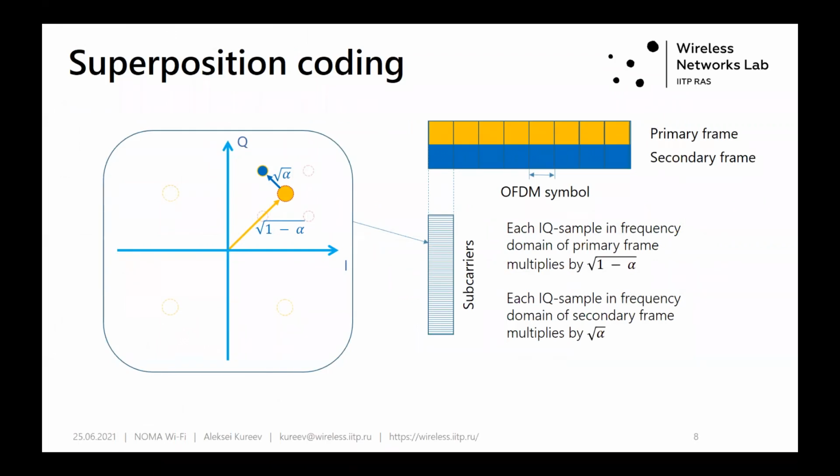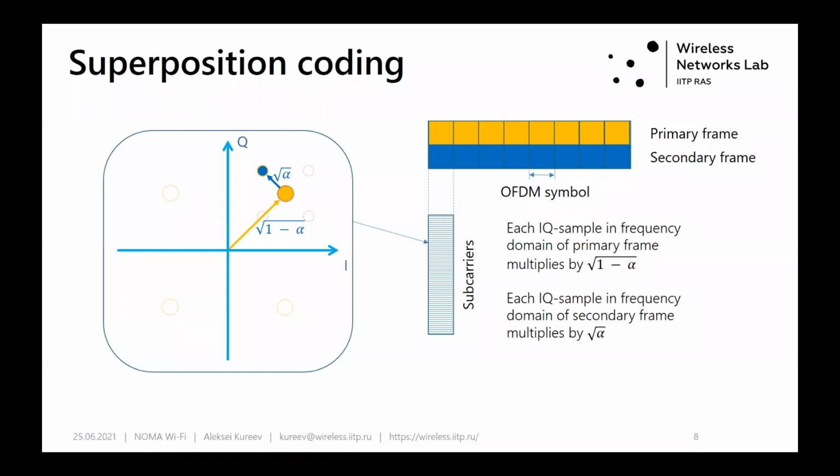So let's start. Fundamentals of downlink NOMA. To start, we need to first understand how the signal superposition works on the transmitter. If we consider an OFDM signal, and we have an access point which is trying to transmit some data to STA1 and STA2, we have this sort of NOMA frame, which is a combination of primary and secondary frames, and each symbol consists of subcarriers.